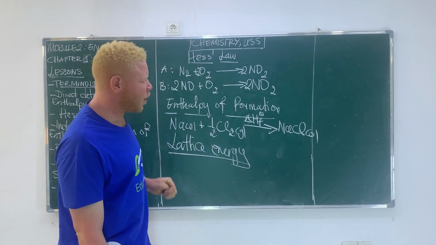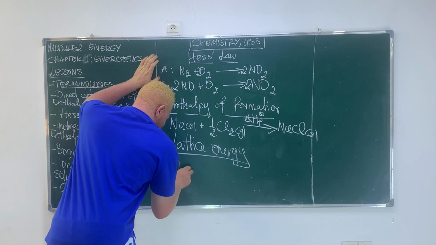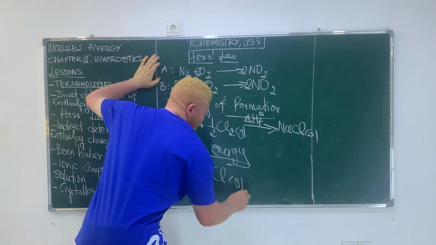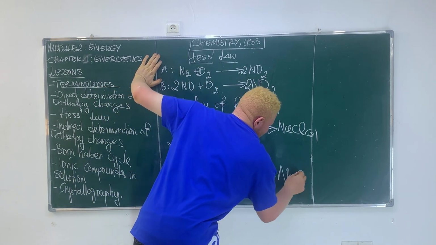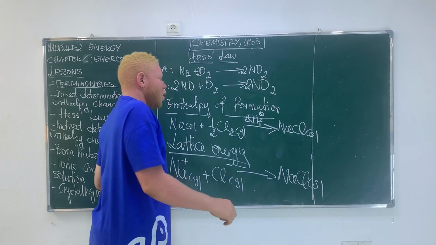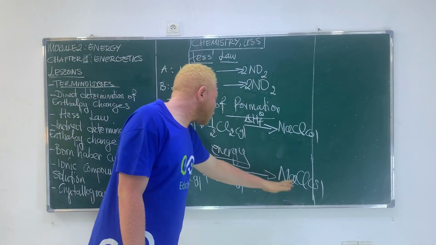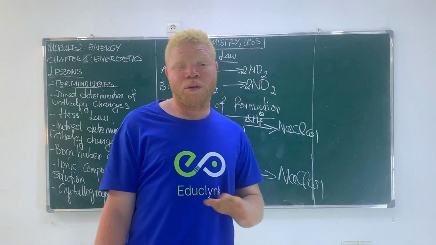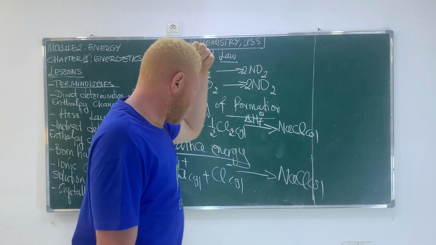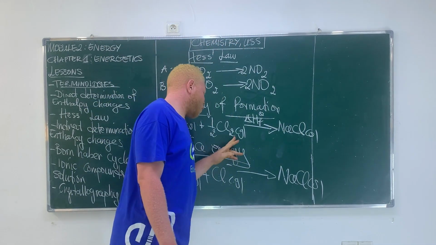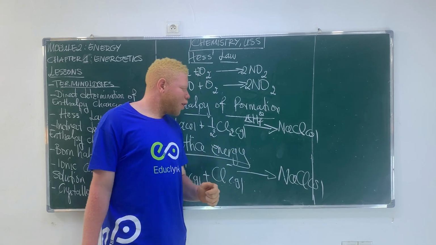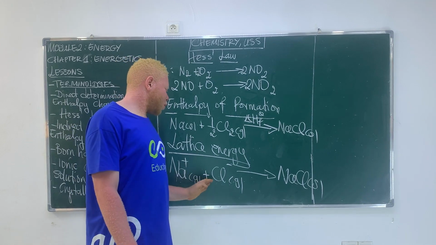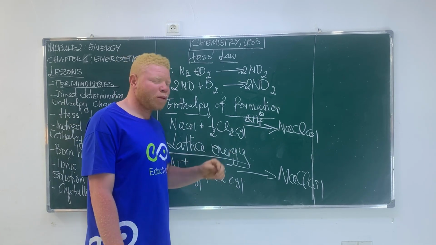With lattice energy, I still have sodium gas plus chloride gas giving sodium chloride solid. In both cases the product is a solid crystal. But here I combine sodium solid plus chlorine gas to give sodium chloride, while here I combine gaseous sodium ions plus gaseous chloride ions to give sodium chloride.